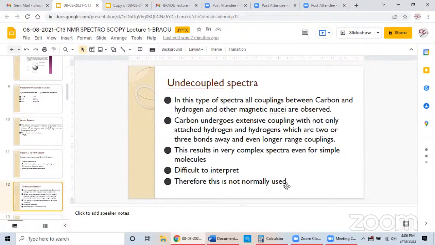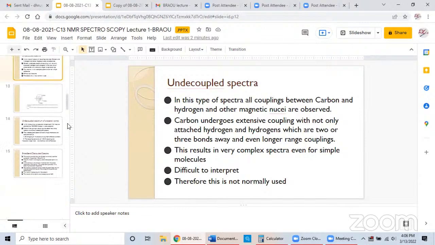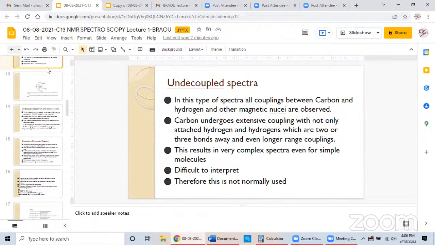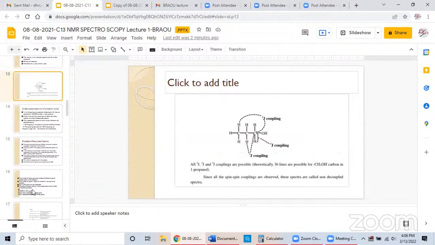Therefore, this is not normally used, because, as I told you, carbon 13 NMR is used especially when proton NMR is not sufficient to give you the required structure information. So here, undecoupled spectra will give you complex spectra even for simple molecules. I'm showing you with an example here. Just a simple spectrum.